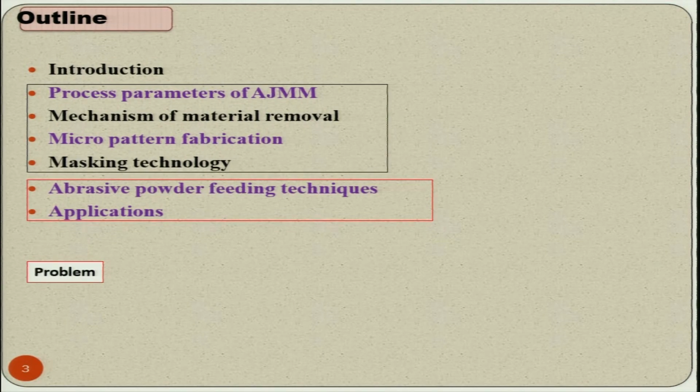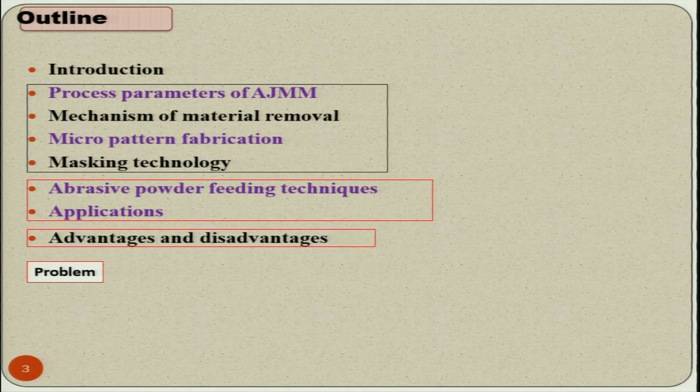Then there are certain applications of this particular process, I will talk about them. Then we will see the advantages and disadvantages of this process, and I will try to solve one example based on the theory of abrasive jet micromachining process.